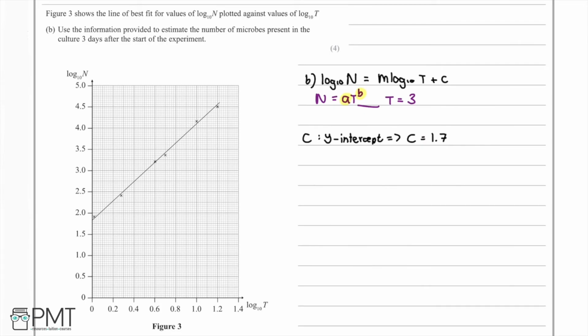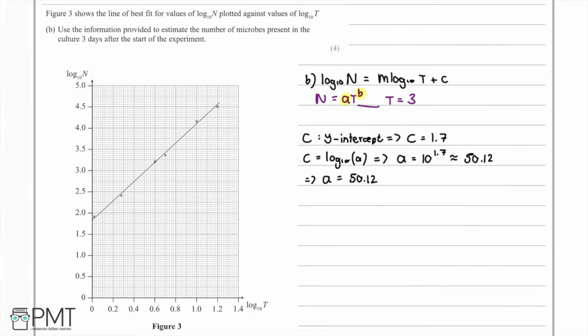And then we recall from the previous question that c was equal to log 10 of A, which means we can work out A by doing 10 to the power of 1.7, which is equal to 50.12. So therefore we've worked out that A is equal to 50.12.